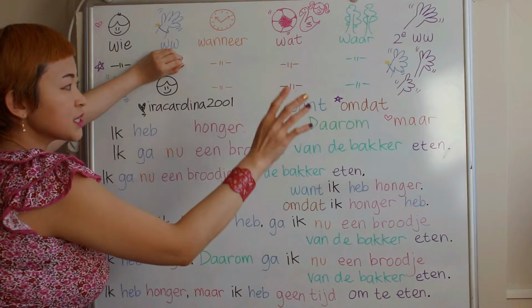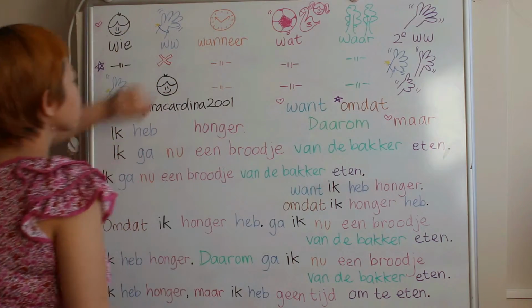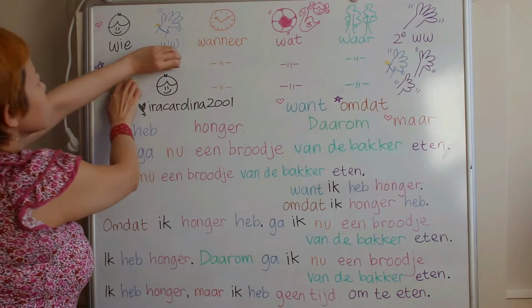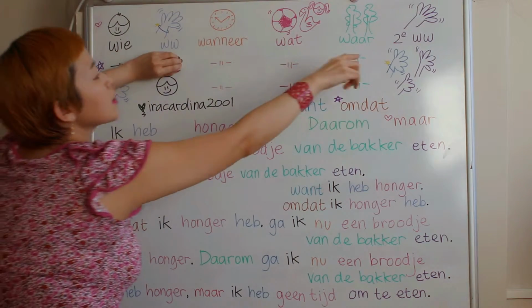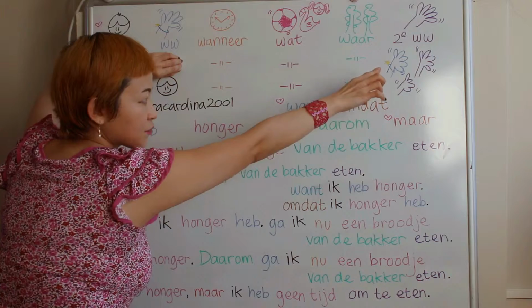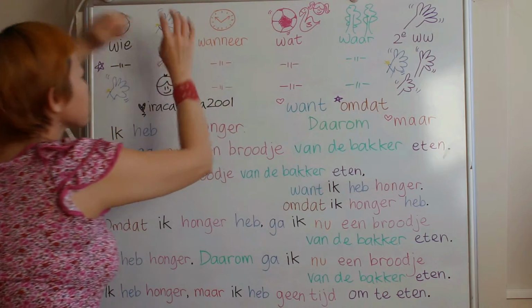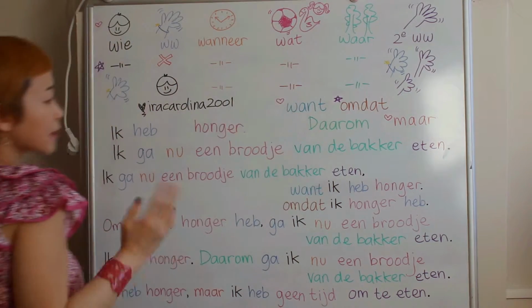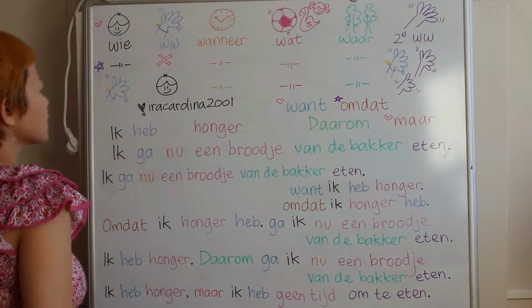So at the back of the sentence you will find first verb and second verb. We, and then wanneer, what, waar, first verb, second verb, if any second verb. This is verb. Yeah, not here but move there. After you use omdat as because.